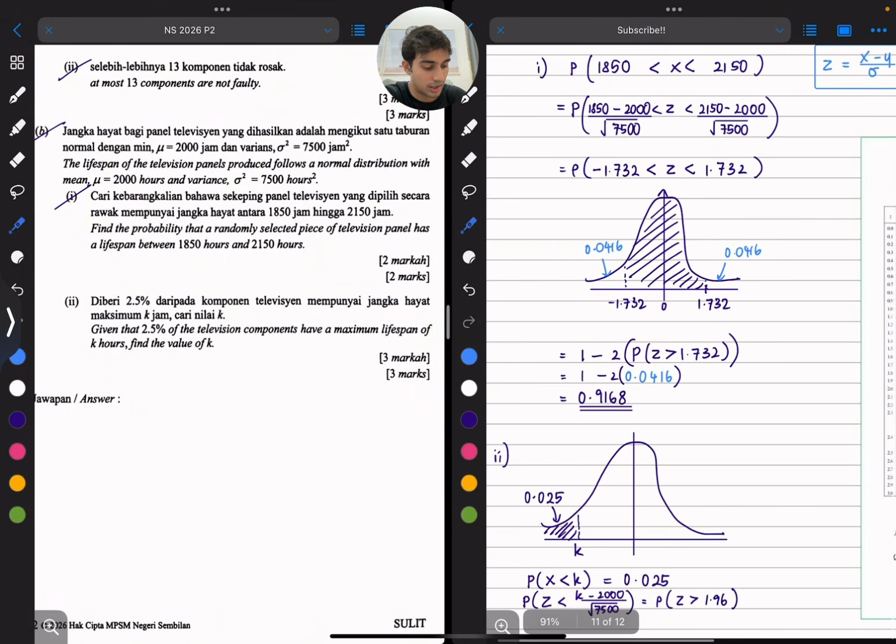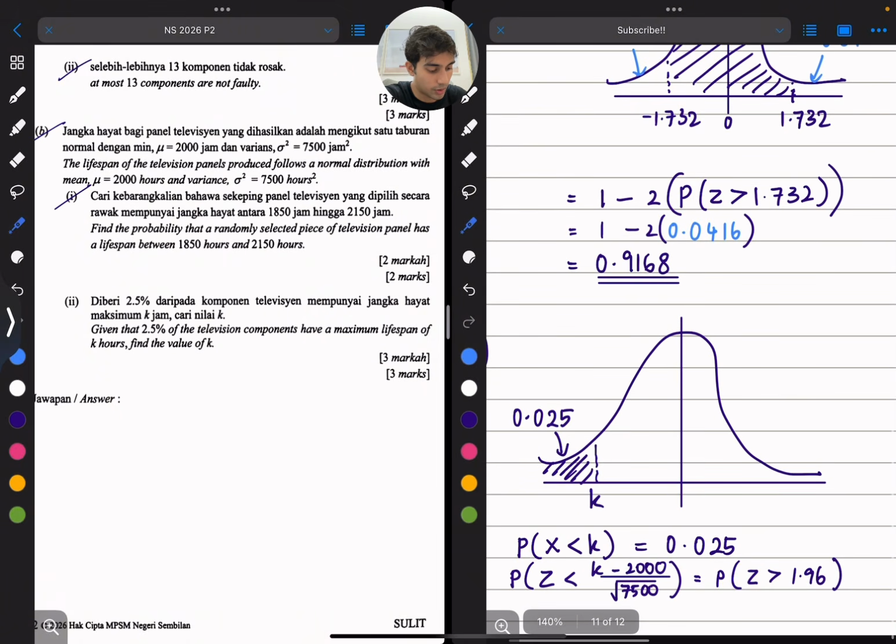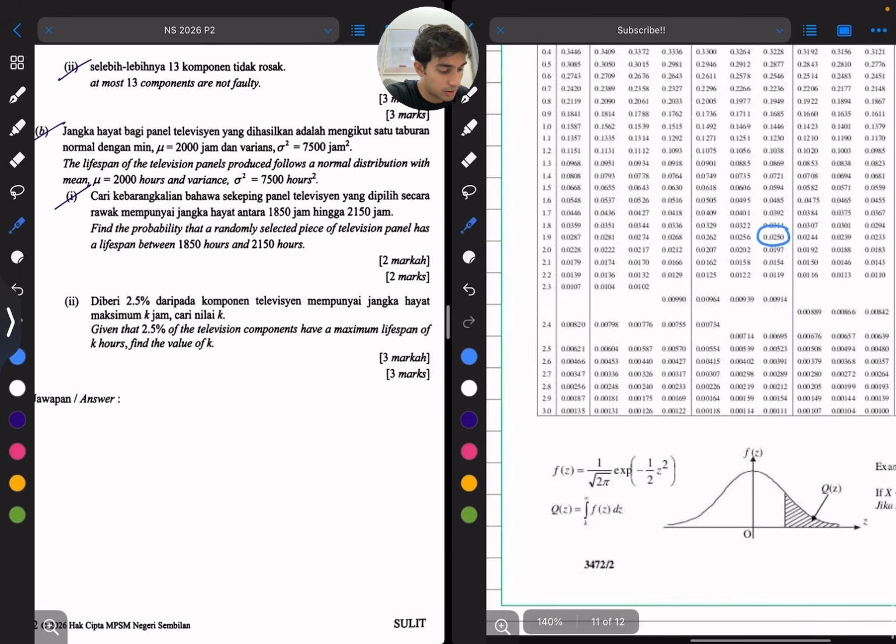So once you get this ready, now if you want to compare, of course we can't compare because one is less than, one is more than. So we have to make the symbols the same. To make the symbol the same, we can switch this to less than by adding a negative. Why less than negative? Because when z more than 1.96, we get 0.025.